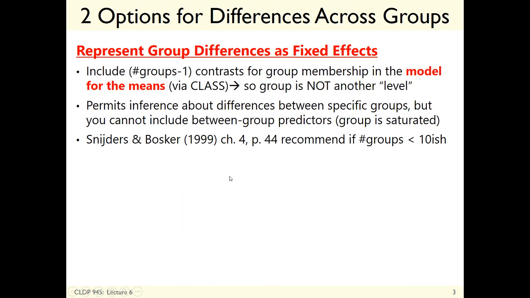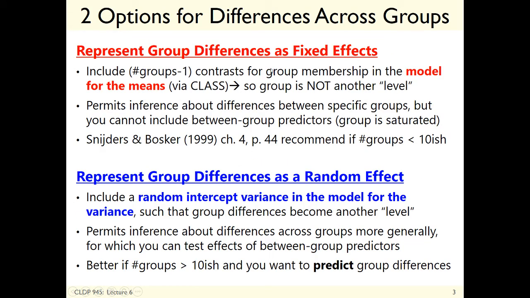Oh, by the way, do you remember the story I told you about fixed versus random? Let's talk about that for a second. When would you treat group as a fixed effect versus a random effect? Yes, fixed effect is like what are the differences between the groups?